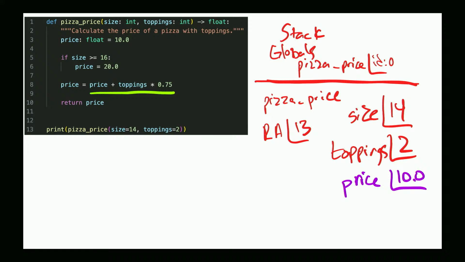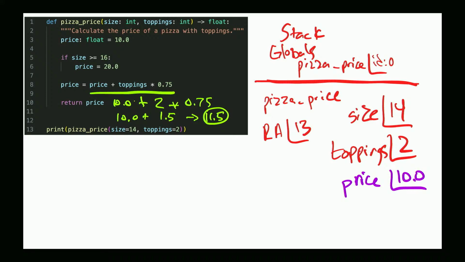And here we look up, do we know what price is? Price is currently 10.0. And we look up what is toppings. So toppings is 2 multiplied by 0.75. So 10.0 plus 1.5 is 11.5, right?